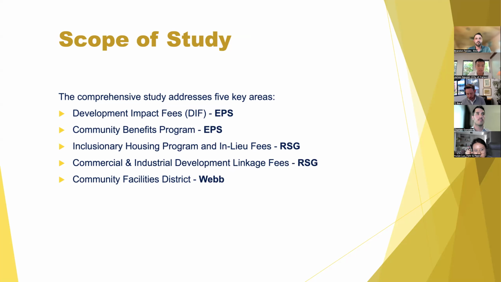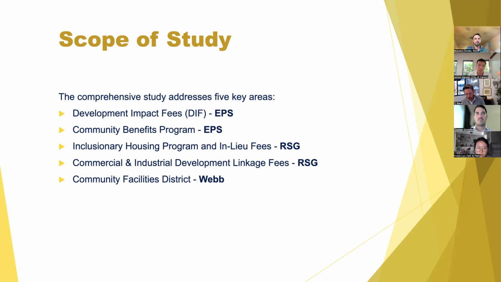The scope of the study is broken down into five different types of study areas. First, development impact fees. Some background: our impact fee program right now is an interim program. With the adoption of the Carson 2040 General Plan, we have envisioned updating that interim program and making it a permanent program as part of the city's infrastructure needs.